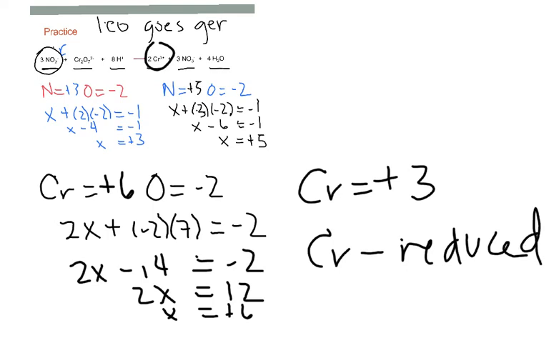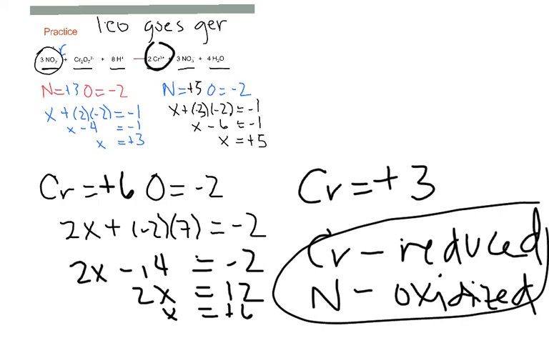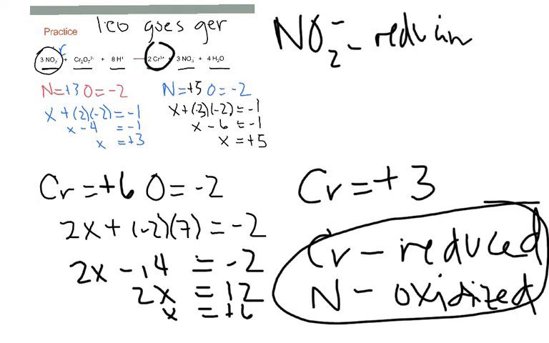Chromium is reduced, nitrogen is oxidized, and we also know that NO2-, the nitrite ion, is the reducing agent. And we know that the dichromate is the oxidizing agent.